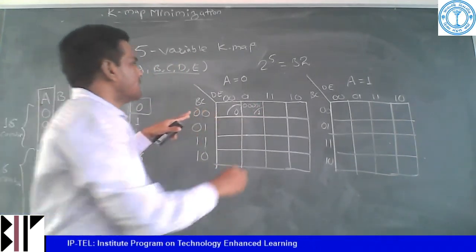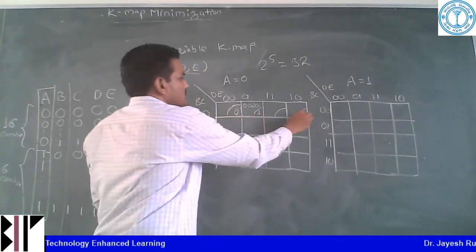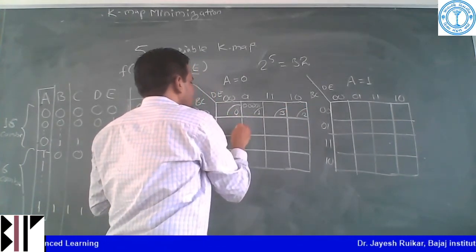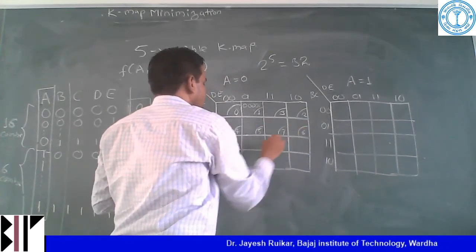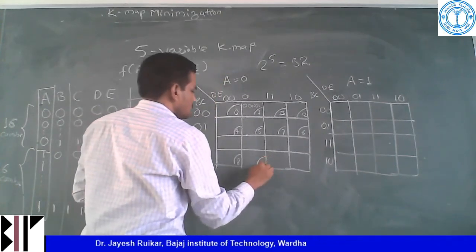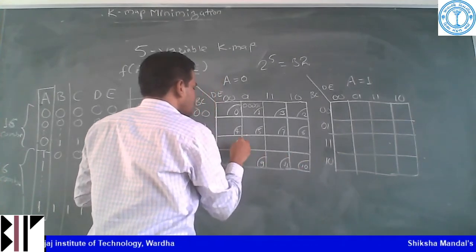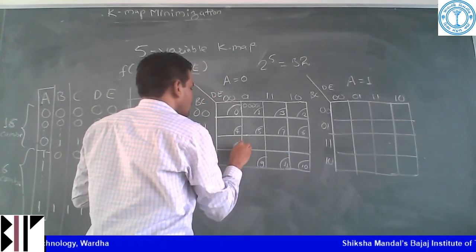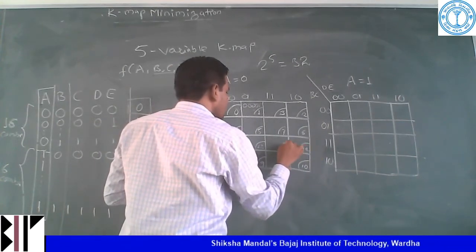Okay. Next, this is your 0, 1, 2, 3, then 4, 5, 6, 7, 8, 9, 10, 11, 12, 13, 14, and 15.